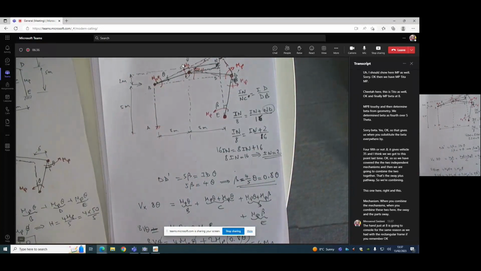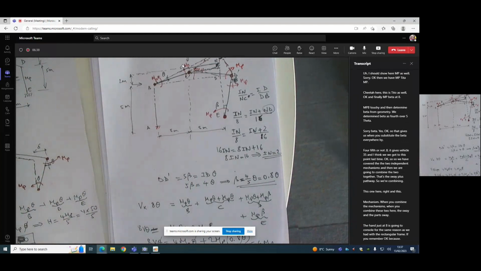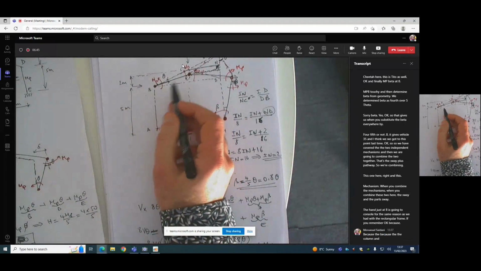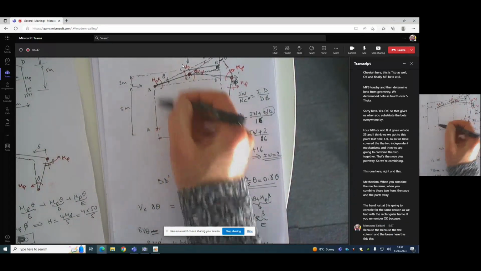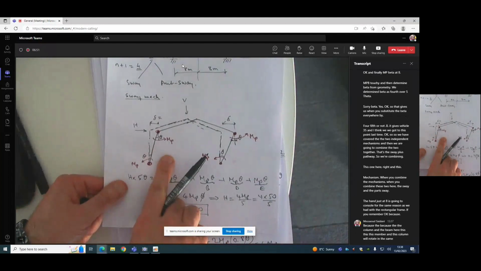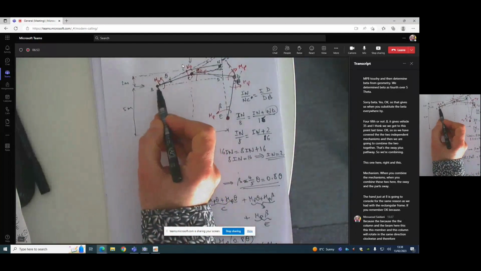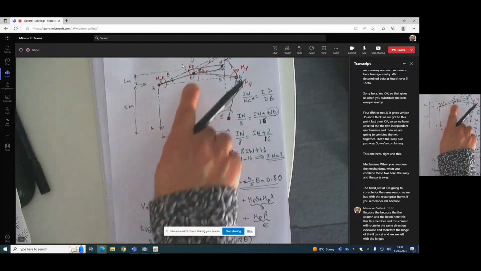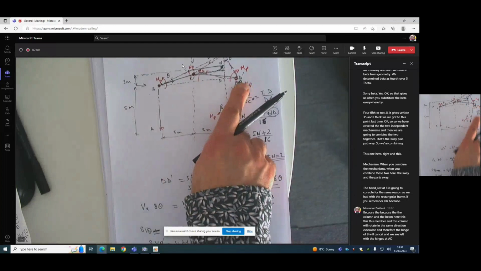Because the column and the beam here, this member and this column, will rotate in the same direction, clockwise, therefore the hinge at B will cancel, and we are left with the hinges at A, C, D, and E.